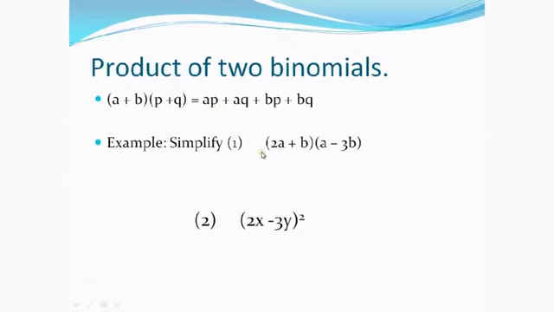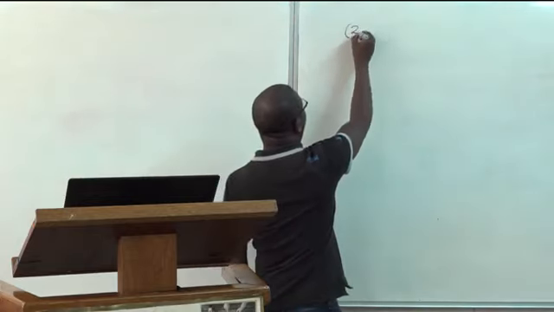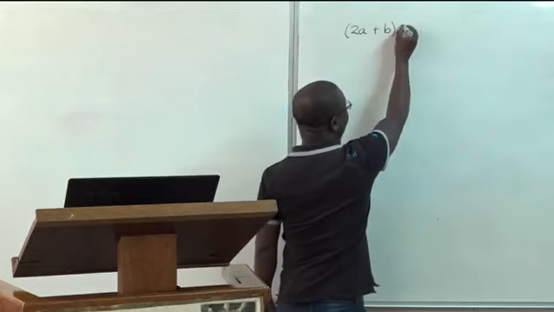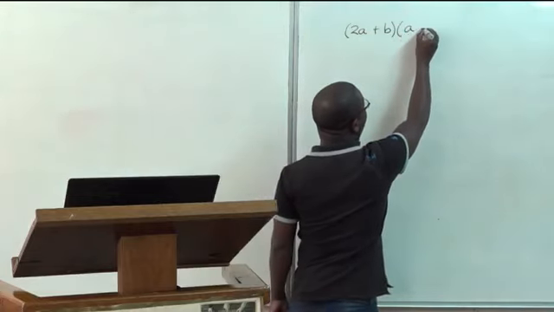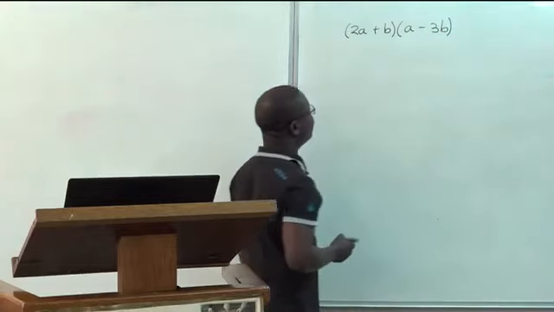We will then look at two examples to demonstrate the product of two binomials. So I will deal with the first example on the board, and then we'll move on to the second example again on the board. (2a + b) times (a - 3b).